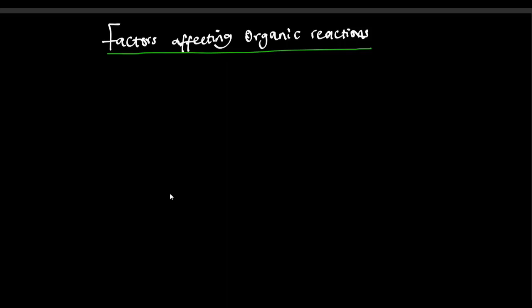Alright, so the next session is factors affecting organic reaction. My explaining organic reaction will not be complete without this, because we have to have an idea of when a reaction will not take place, so that we'll be able to avoid it.